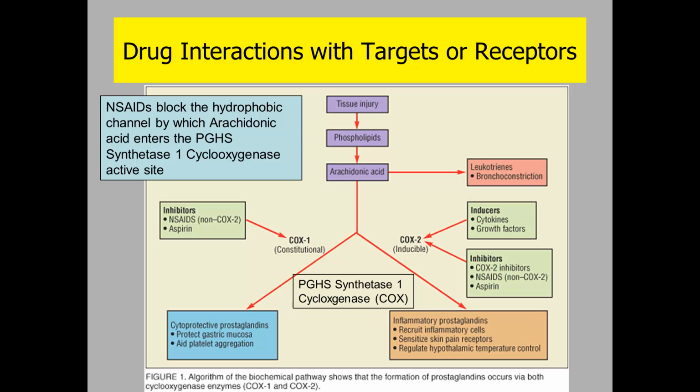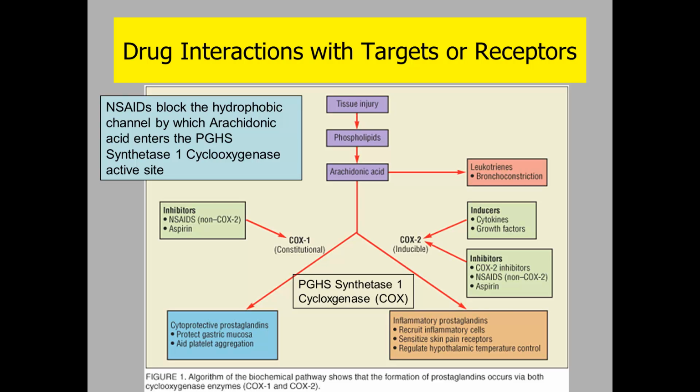The inducible pathway produces the inflammatory prostaglandins. When those inflammatory prostaglandins are inhibited, the damaged tissue won't recruit inflammatory cells, so you won't get so much inflammation. You won't sensitize the skin pain receptors, and it's also going to regulate the hypothalamic temperature control, so you're not going to have a fever.